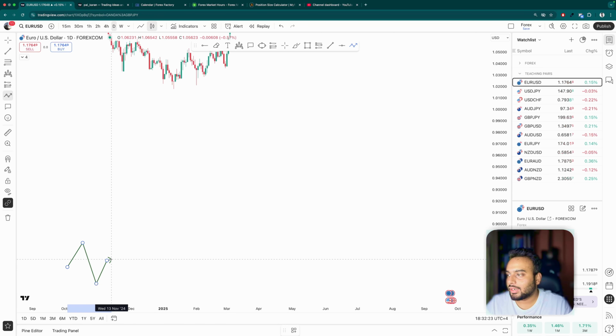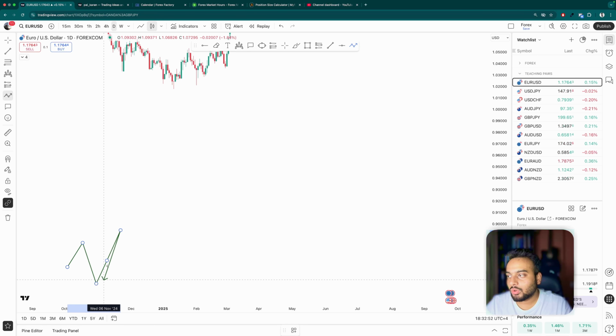So now let's say the price moved up. This was just a straight line. There was no price action right here. So this became a higher low, and this is now a higher high. The market is changing its structure. This is called a change of structure and also a break of structure.